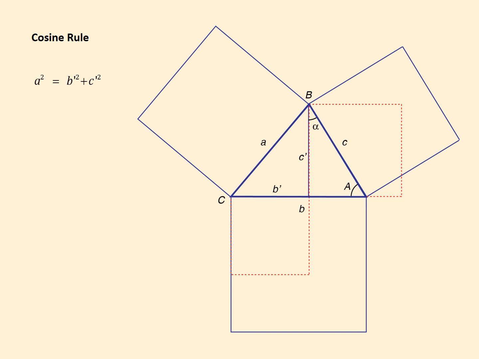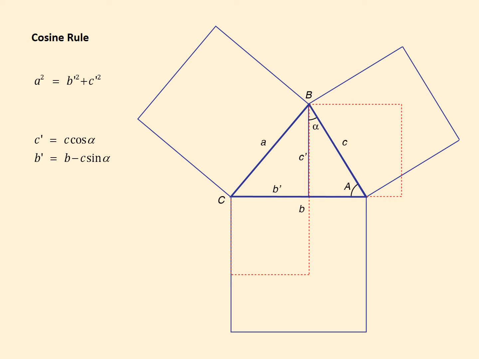So I've called this right angle triangle that's going to be formed with hypotenuse A and base B dash and height C dash. Pythagoras' theorem would then give that A squared is B dash squared plus C dash squared.